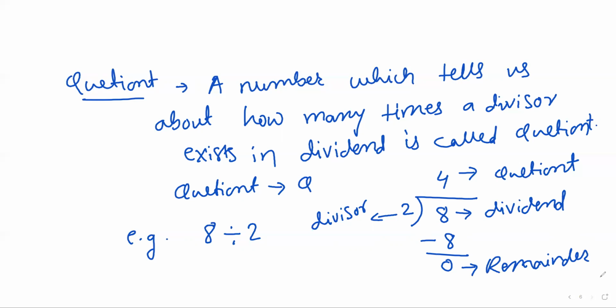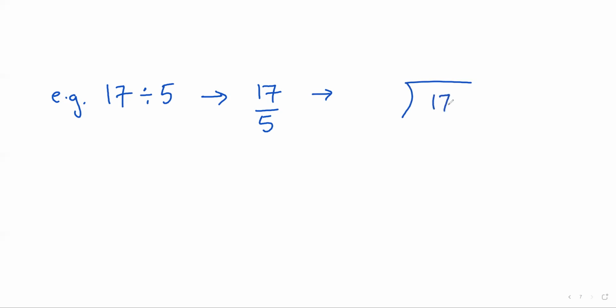Let's take one more example to understand division. Consider an example, 17 divided by 5. It can also be written as 17 upon 5. Now here how many times this divisor exists in dividend?